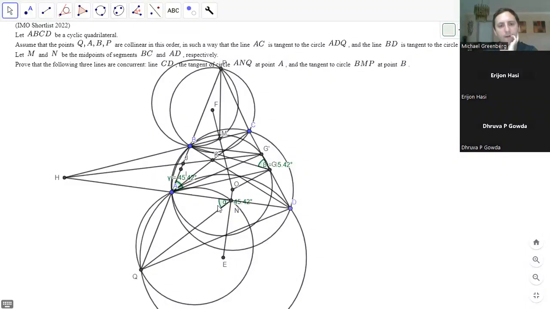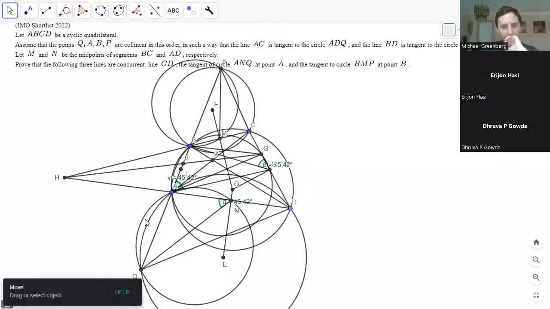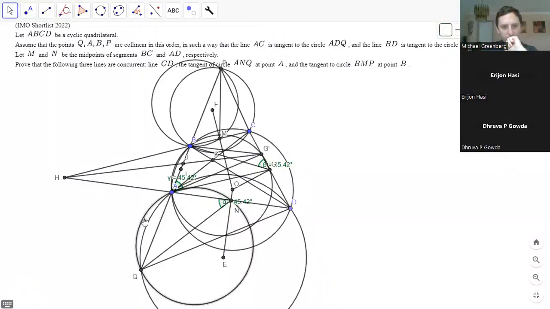We want G prime A to be tangent to AQ, right? And NAQ. So yeah, we want G prime A to be tangent to it.